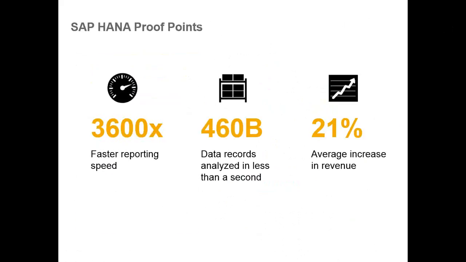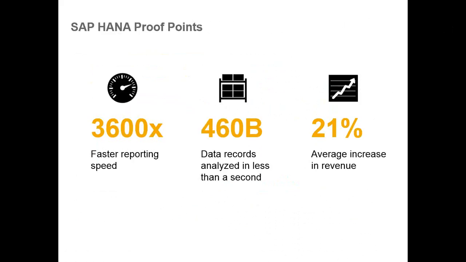These are the HANA proof points I mentioned. You get 3,600 times faster reporting speed if you follow the proper sizing guidelines, tested on 460 billion records, that's why 460B. Say a table retrieval normally takes 1 hour.